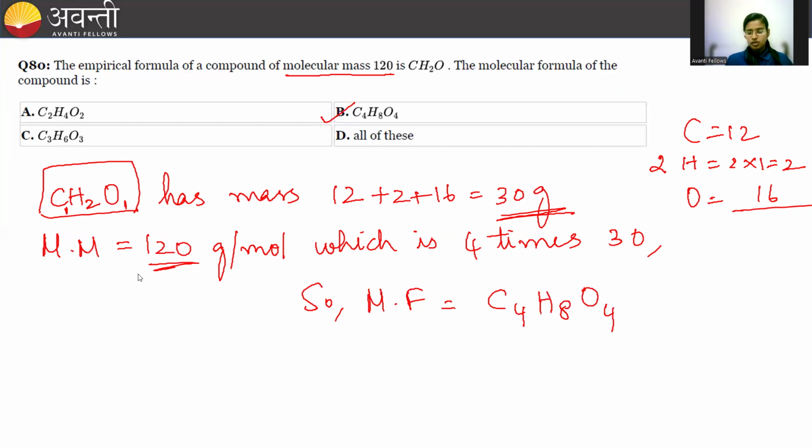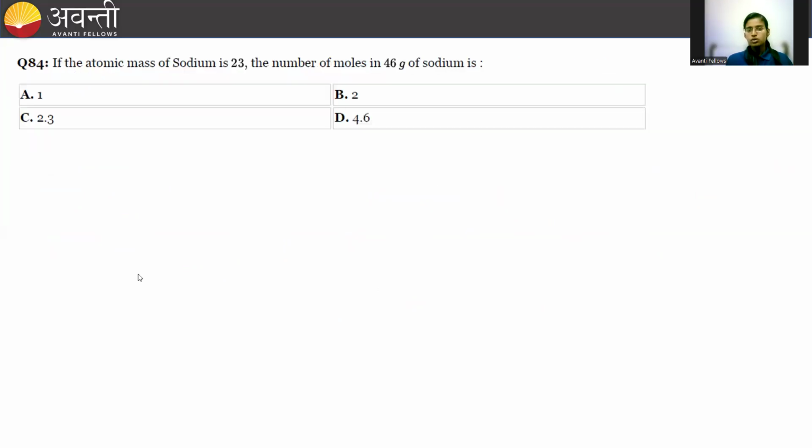Got it? Now next, coming to question number 84. If the atomic mass of sodium is 23, the number of moles in 46 gram of sodium is. Very easy, right? We are asked to find out the number of moles. So to find out the number of moles, we need mass and molar mass, right?